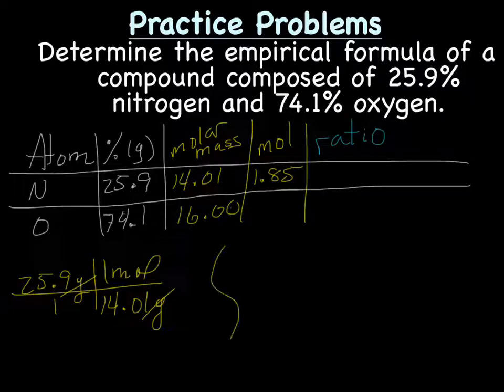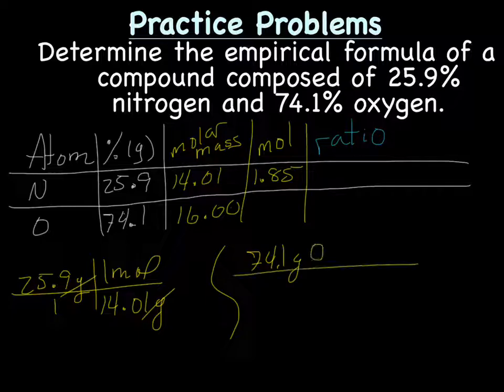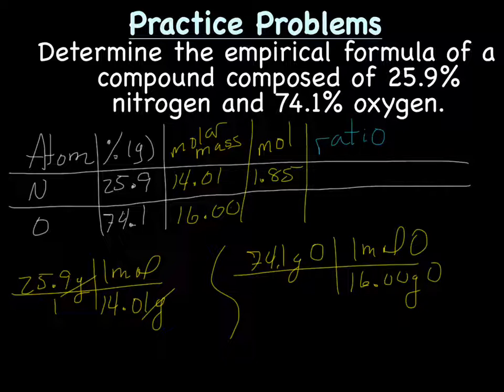Do it again for oxygen. So we'll have 74.1 grams of oxygen, 16.00 grams of oxygen, 1 mole of oxygen. Cross out, multiply across the top and bottom and divide, and I came up with 4.63 moles of oxygen.